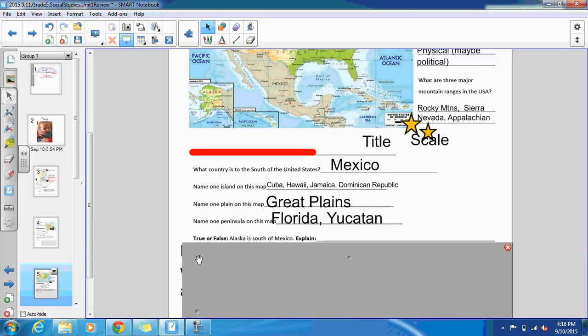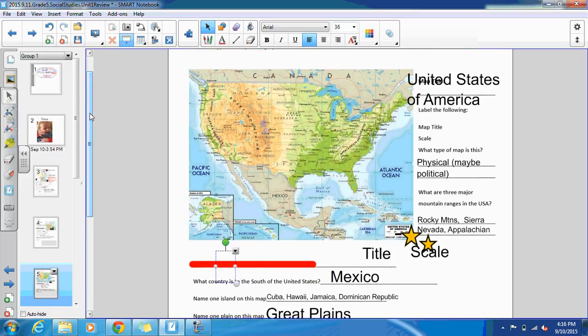True or false? Alaska is south of Mexico. So that is going to be false. Okay, that's going to be false. Why? Well, remember, Alaska is not attached to the rest of the states. It's attached to Canada. So in order to fit Alaska on a map of the United States, we have to cut it off and put it down in the corner.